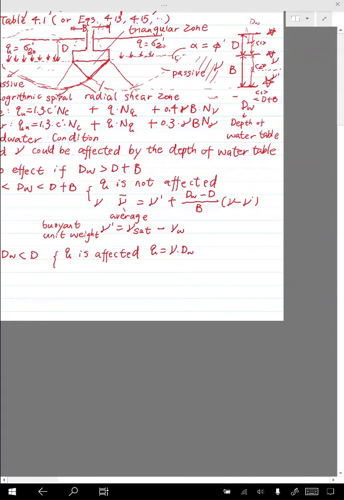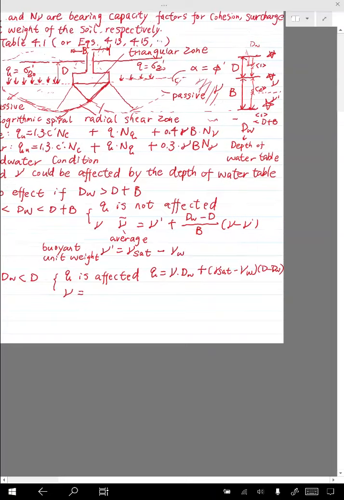This is the first sublayer plus the buoyant unit weight, gamma saturated minus gamma W times the thickness of the second sublayer, which is D minus dW. So that's how to calculate Q. And for gamma, because all this zone now is submerged, the average unit weight here is the buoyant unit weight. So we don't need to use this equation anymore.